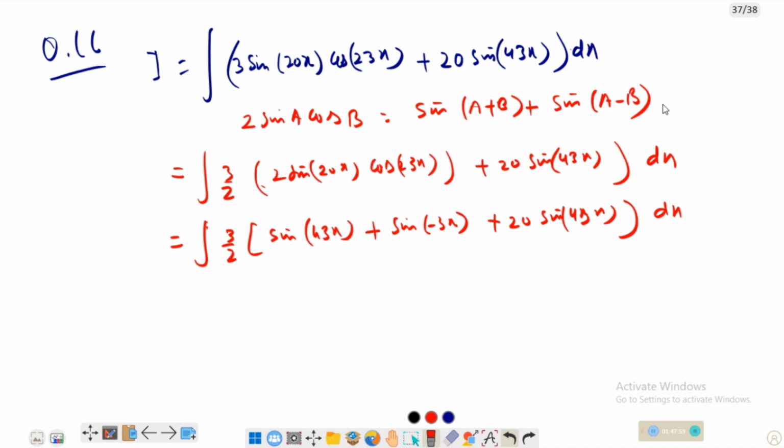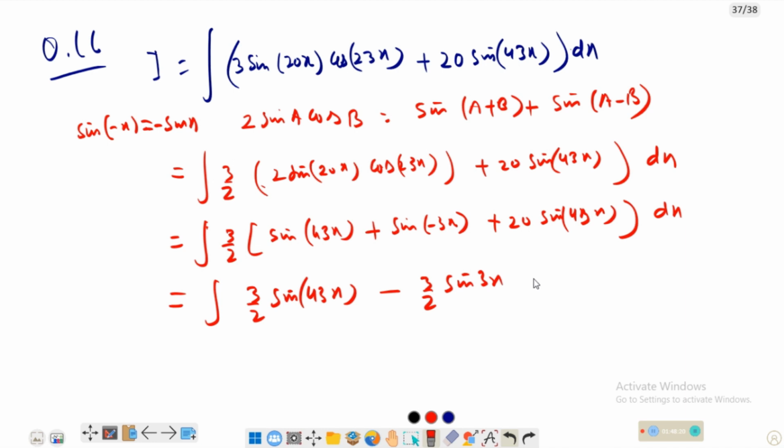Also we know that sin(-x) is equal to minus sin x, so this is minus sin 3x. This is 3/2 sin 43x minus 3/2 sin 3x plus 20 sin 43x.